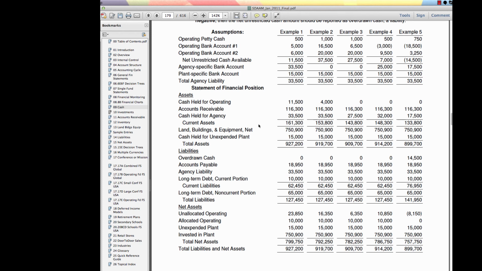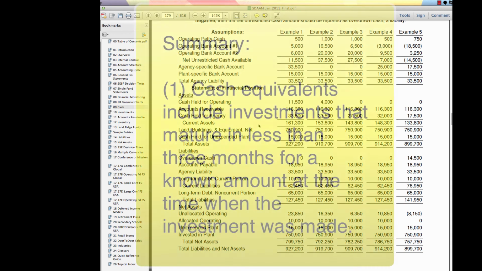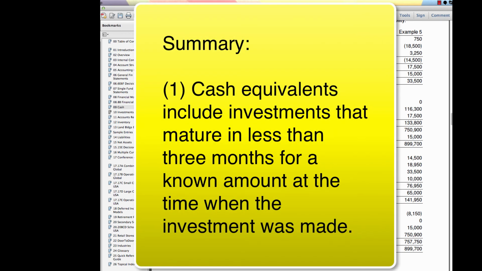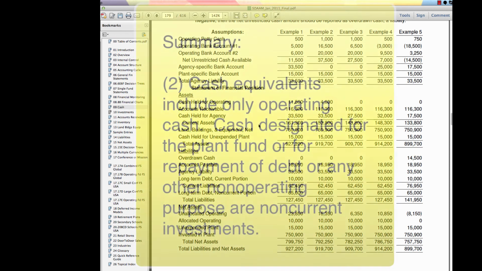We can run through a summary of a few of the high points. The first is that cash equivalents would not include any cash for investments that mature longer than 3 months away.